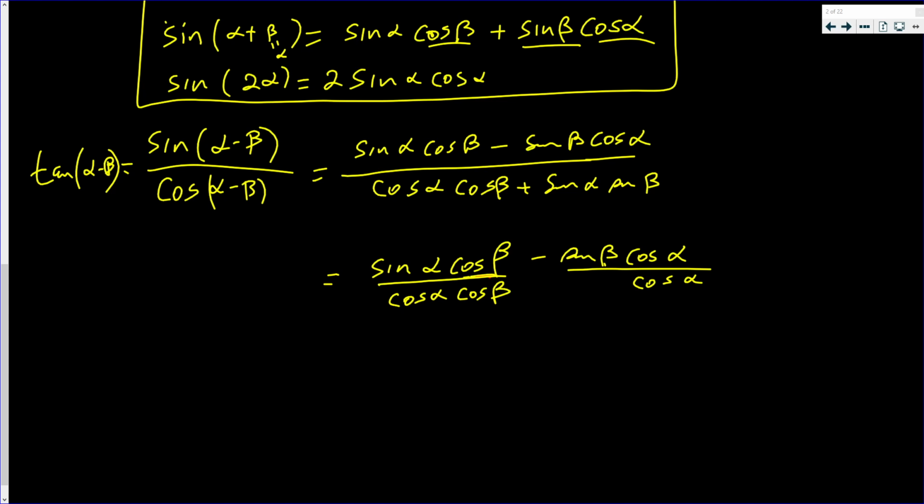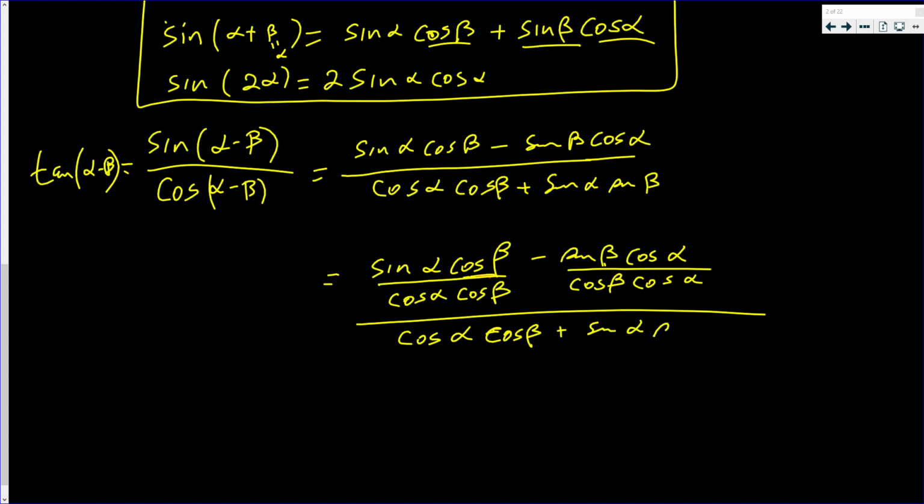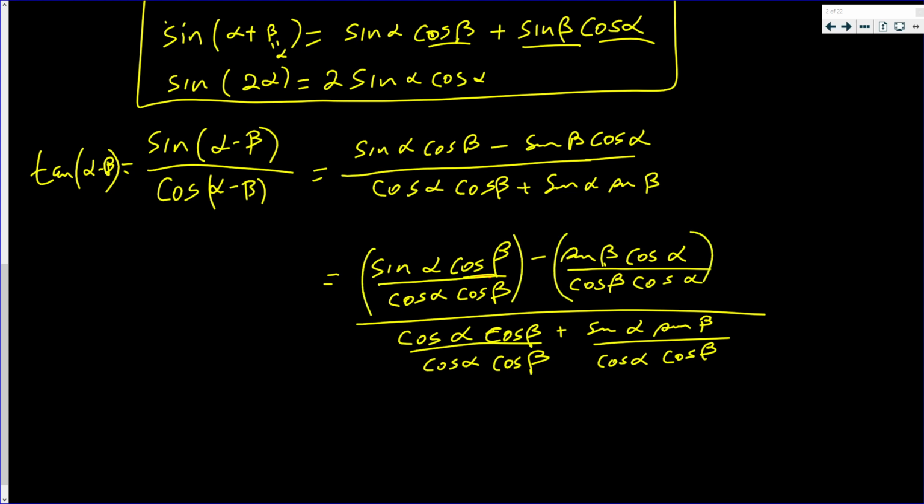Cosine alpha times cosine beta all over. Now I have to do the exact same thing to the bottom. I'll divide this by cosine alpha cosine beta, and let us look at each of these 4 fractions.